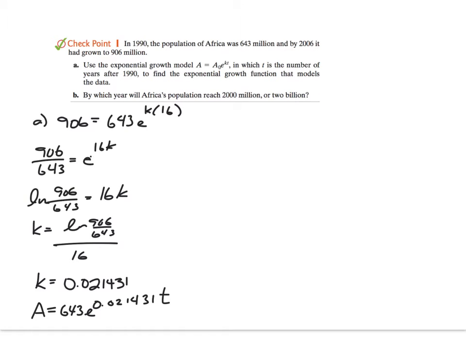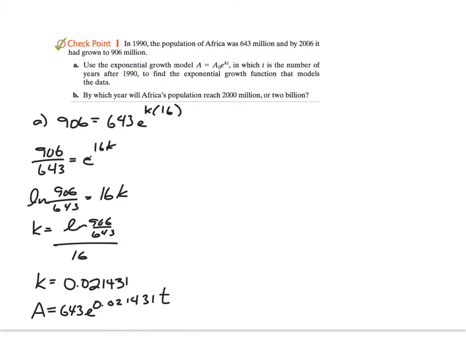Okay, in part 1 we start with the given population in 1990, which was 643 million, so that's A naught. In 2006, our final value is 906 million. The number of years between 1990 and 2006 is 16 years, so that takes care of the time.